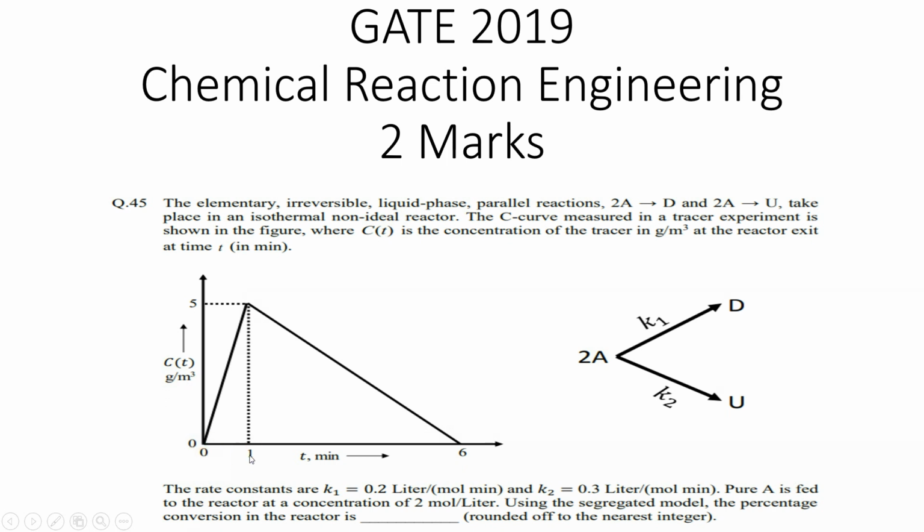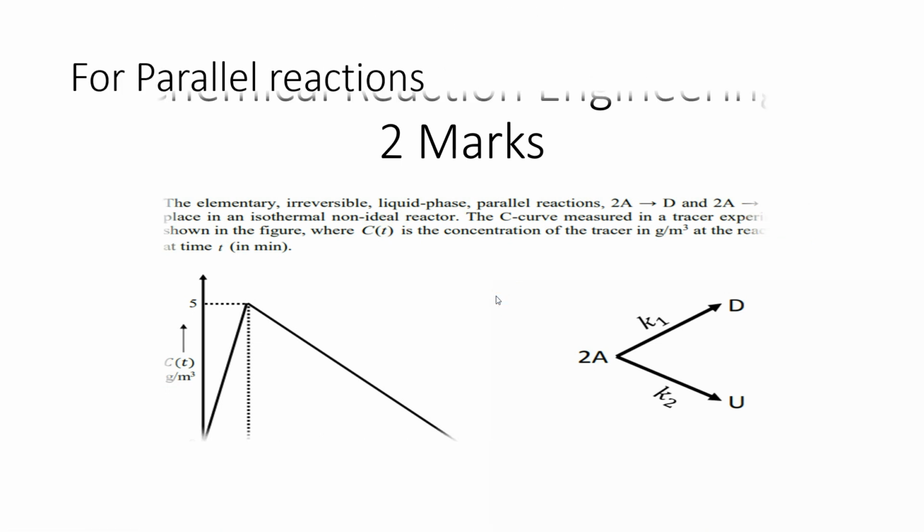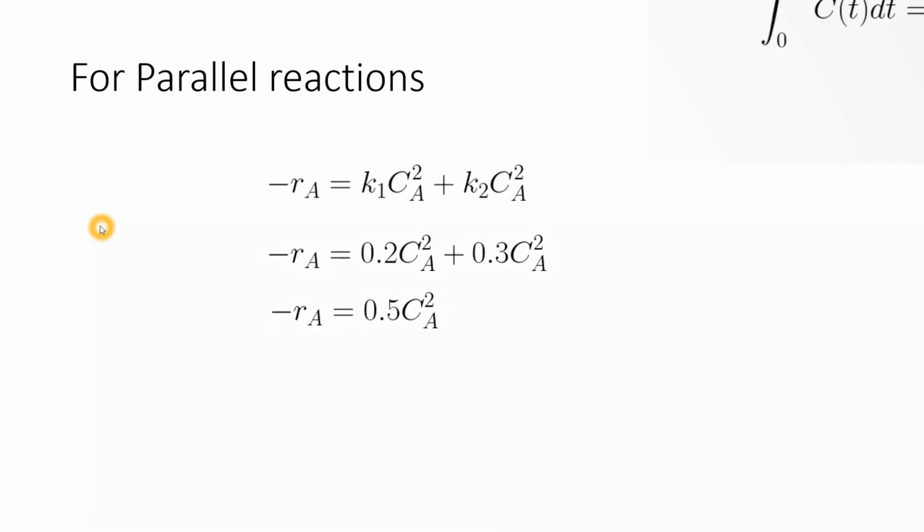First we will calculate this one. The line equation will be y minus y1 is equal to (y2 minus y1) divided by (x2 minus x1) into (x minus x1). By using this formula we will calculate the function.